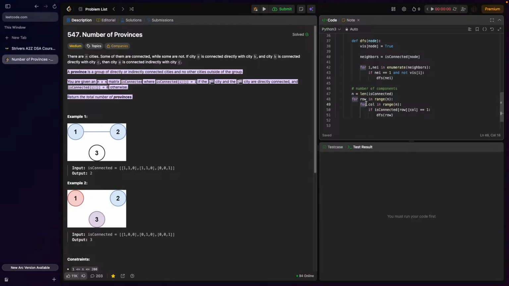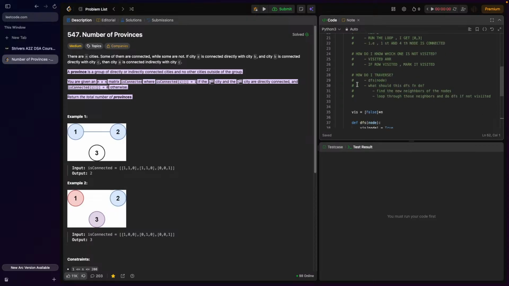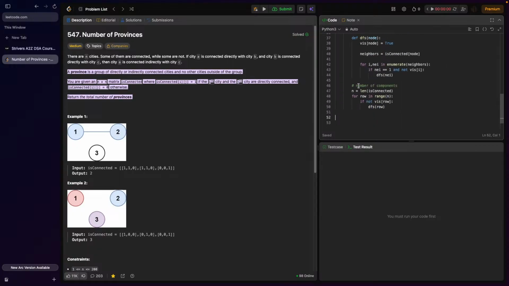You know what, we don't even need this, because we don't need the columns and the rows, because every single row is a node. So you don't need to find which one is one, which one is not. Just do this. I think this is more than enough. The only thing you'll have to make sure is not to get the same thing going. If visited, then don't do it, and I think this is good enough.